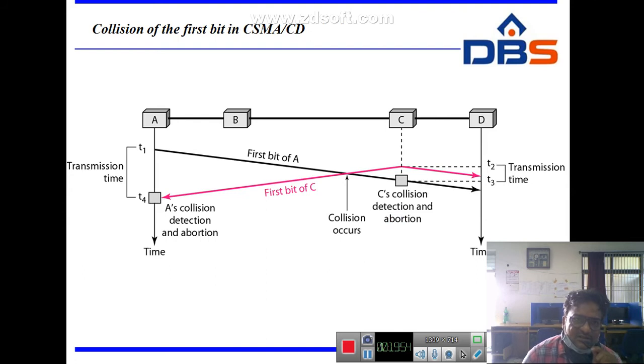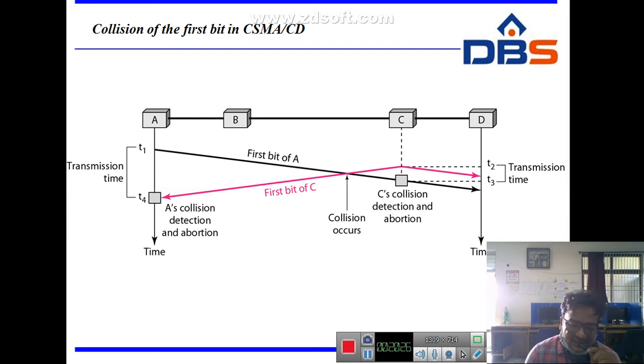The next one is CSMA/CD. The full form of CSMA/CD is carrier sense multiple access with collision detection. Already we have seen what carrier sense multiple access is and the principle involved in CSMA: listen before talk, or sense before transmit.